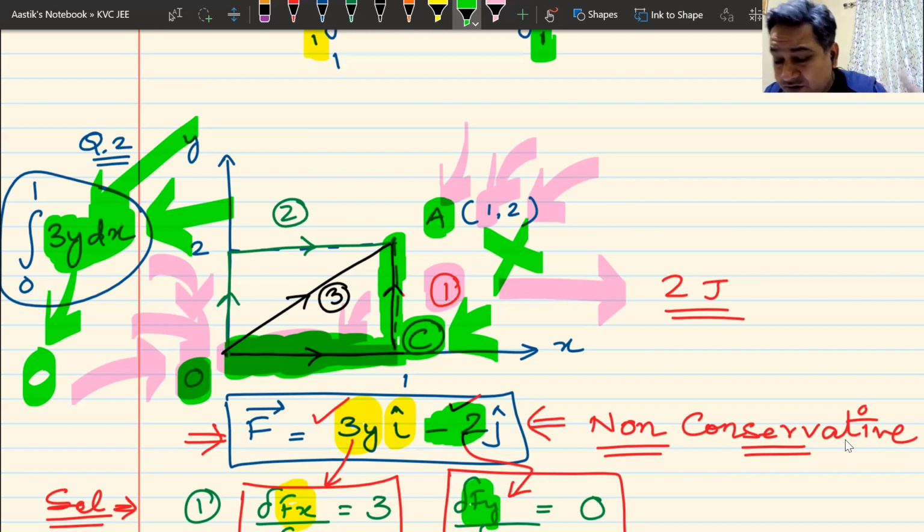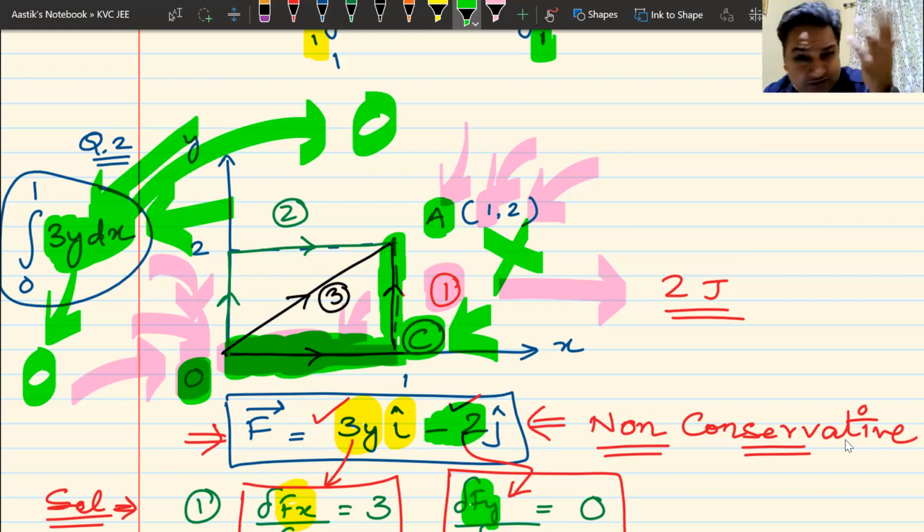Remember, this is a question from JEE Advanced, probably the most difficult question that can come. It takes a bit of understanding. Since x does not change, dx becomes 0.